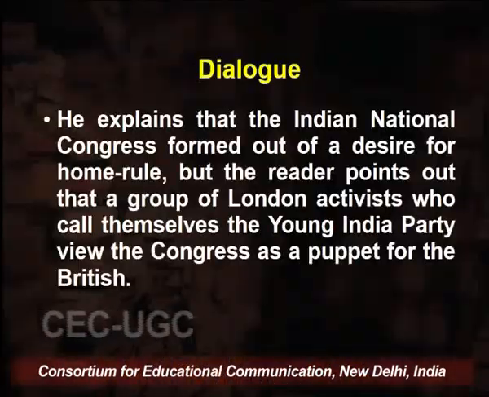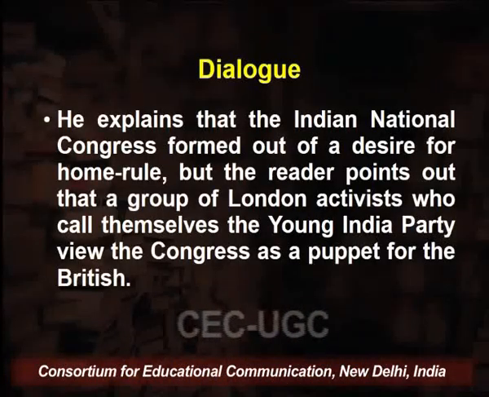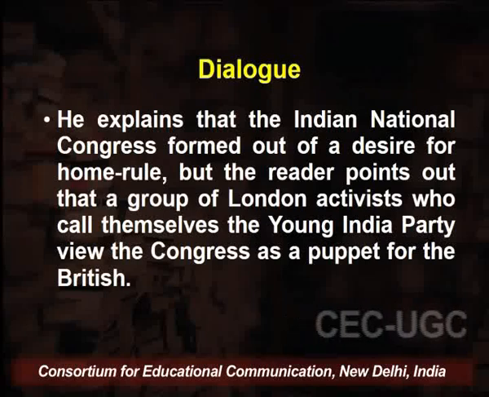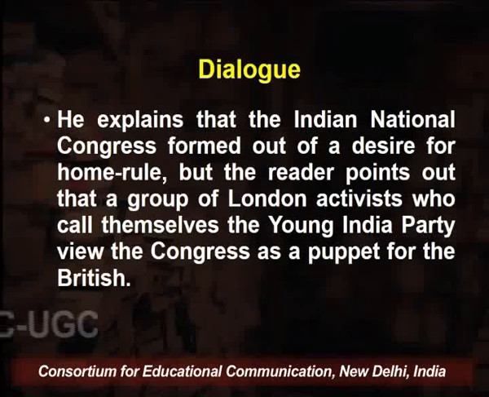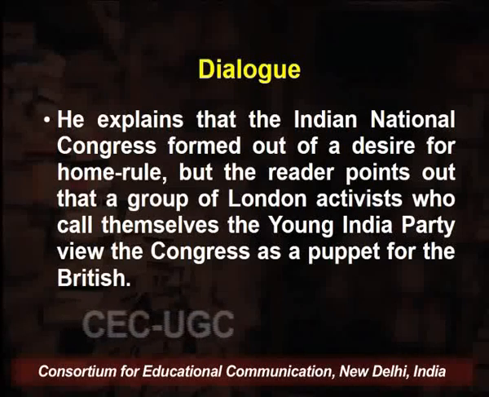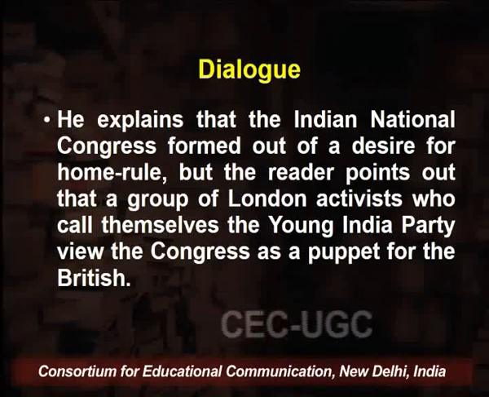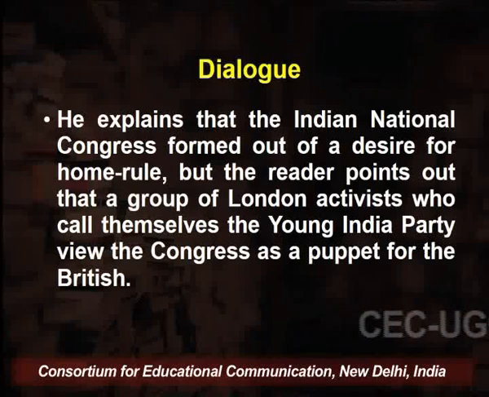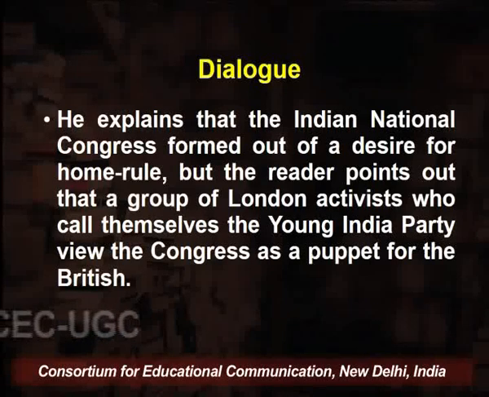Gandhi explains that the Indian National Congress formed out of a desire for home rule. If we go into the history, we can try to figure out how the idea of home rule came in from the moderates' desire to achieve independence through the path of non-violence.